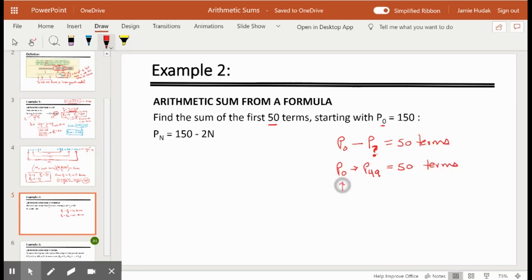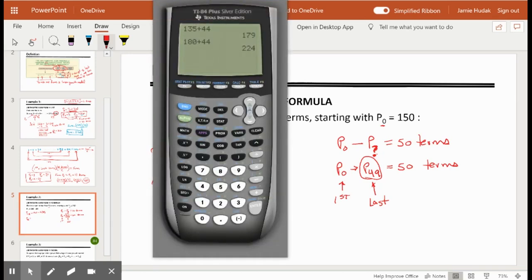That means this is our first term, this is our last term, and we need to calculate what is P49. So we come back here and we say P49 is equal to 150 minus 2 times 49, which gives us 52.